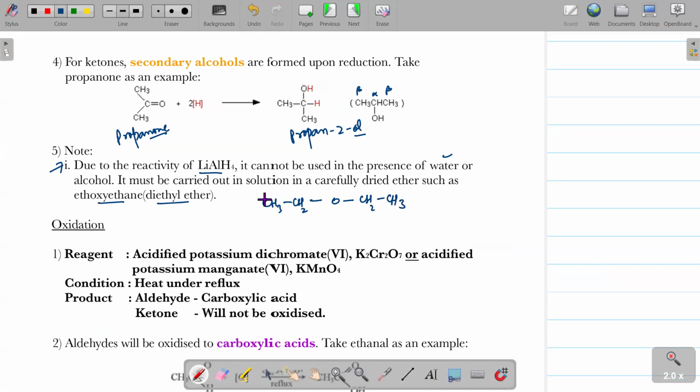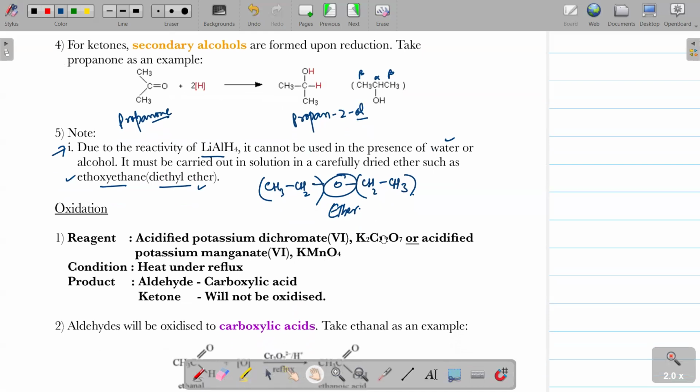So one ethyl group, another ethyl group, and this oxygen is acting as a bridge between two alkyl groups, that is the ether linkage. So ether with two ethyl groups, that's why diethyl ether, or ethoxyethane. That is the IUPAC name of this compound, which can be used as a solvent as well.